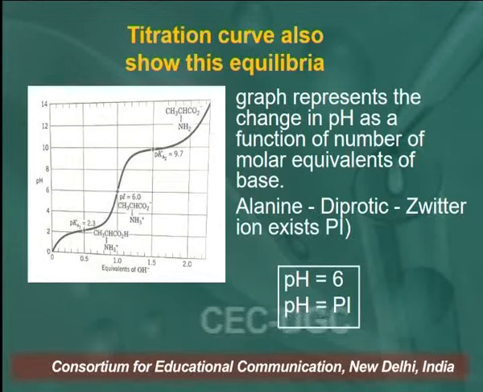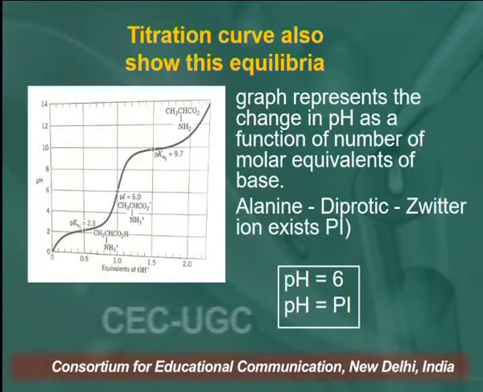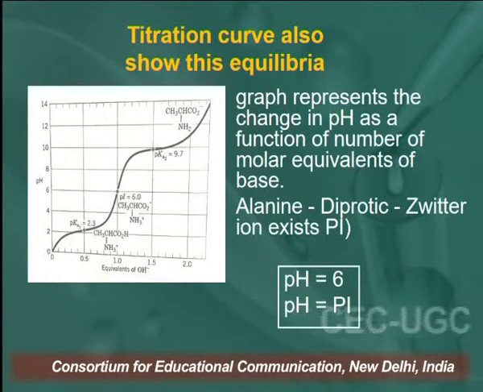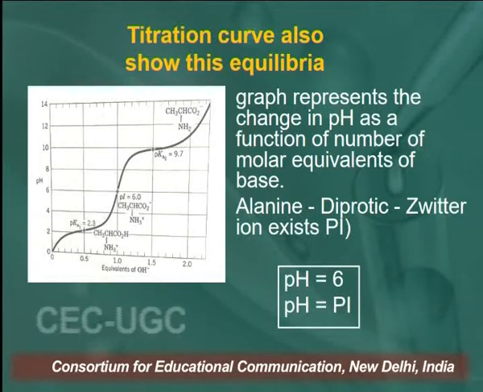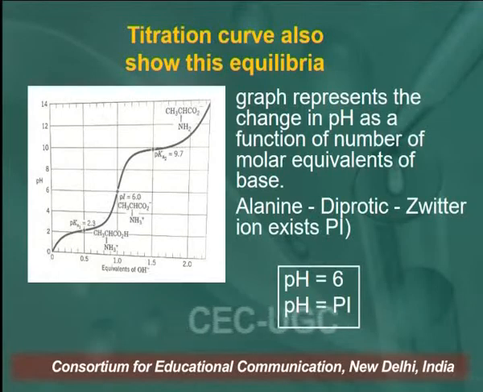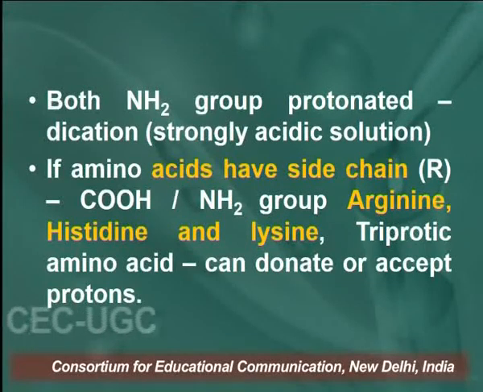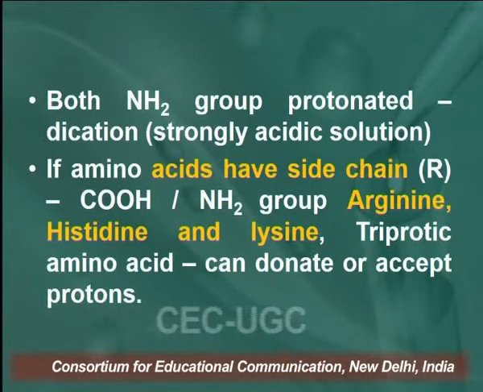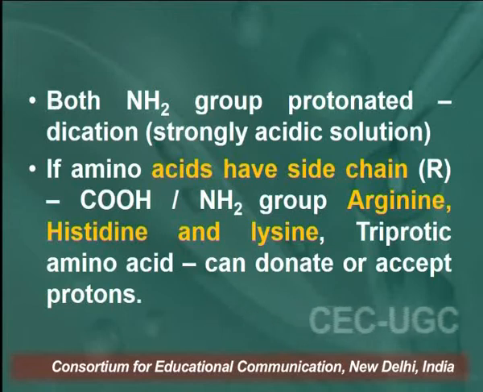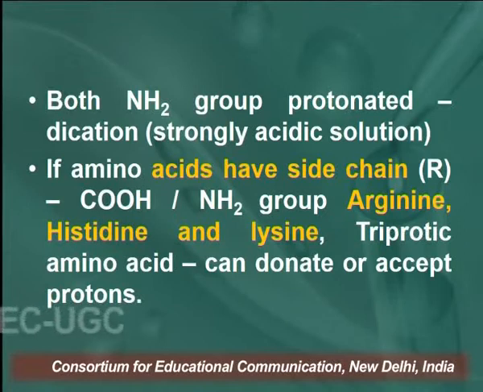When the concentration of OH increases, deprotonation takes place from the ammonium ion, and in the middle of that we get a Zwitter ion at pH 6. So that pH 6 is equal to the isoelectric point. At that pH we get the Zwitter ion of alanine. When both groups are protonated, we get a dication, and that dication gives a strongly acidic solution.